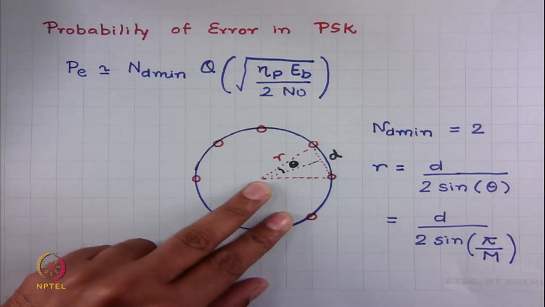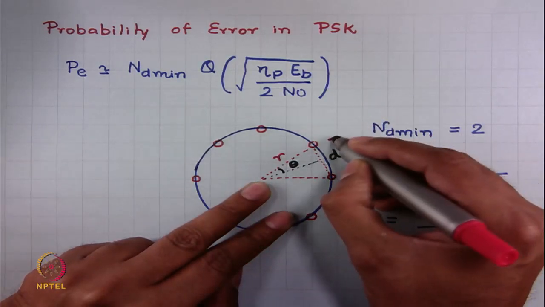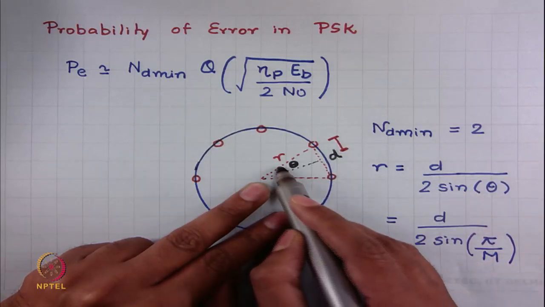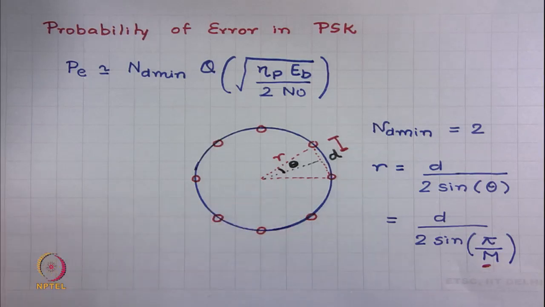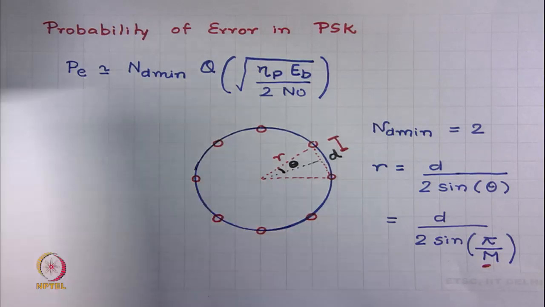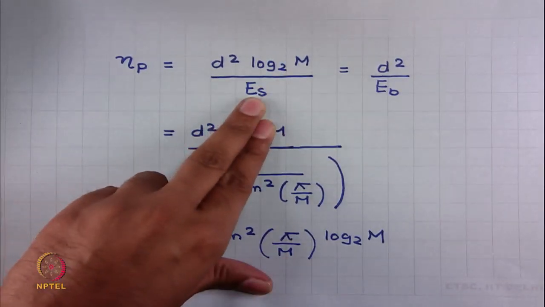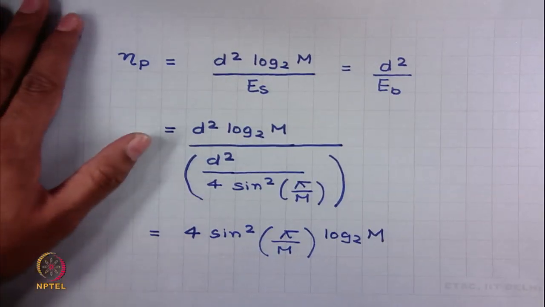So, if I consider that the radius of the circle is r, this distance is d by 2. So, r sin theta is d by 2, and sin theta is sin pi by M, where M is the number of points. Okay. Then we know that the power efficiency is d square log 2 M by E s or d square by E b, you can think in any way as you want.